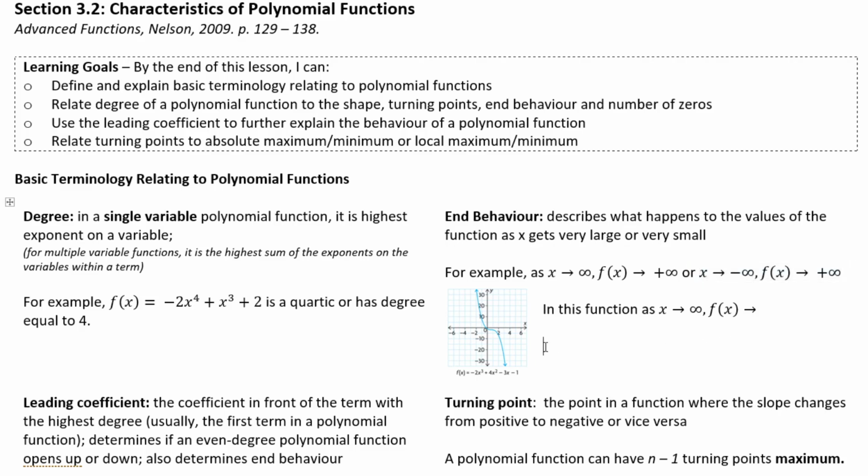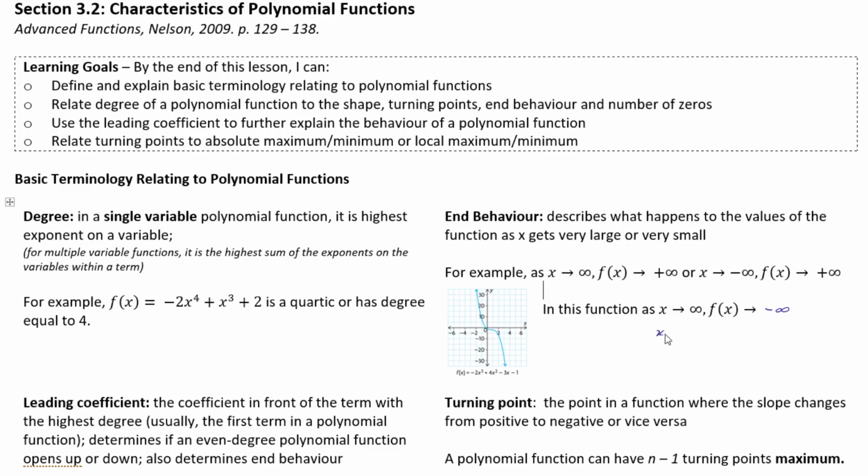Okay, so if we just took a look at this graph right here though, what would we say its end behavior is as x approaches positive infinity? Well, if we take a look, as x approaches positive infinity, the function gets more and more negative. So we would say as x approaches positive infinity, f of x approaches negative infinity.